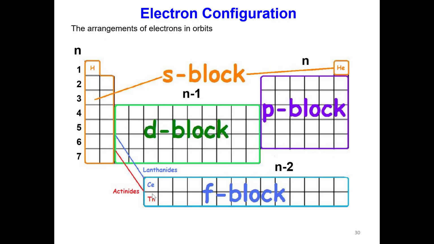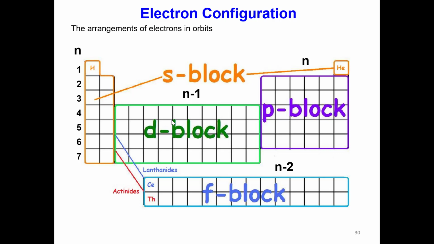And here we have the diagram of the periodic table, because where the element is located in the periodic table is correlated with the electron configuration of that element.